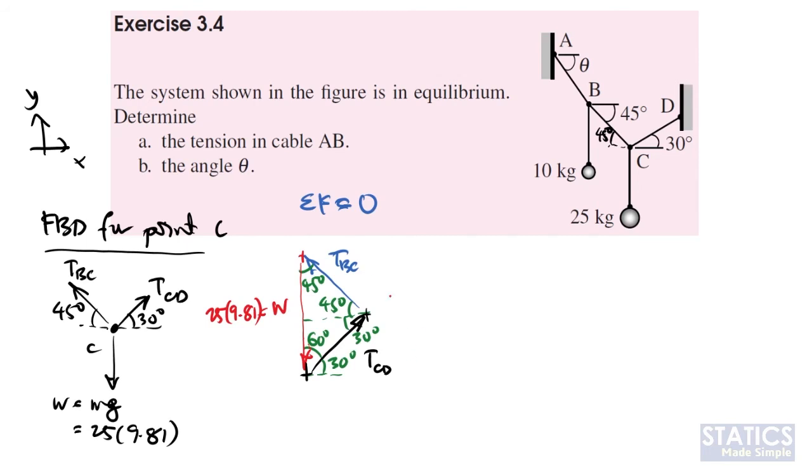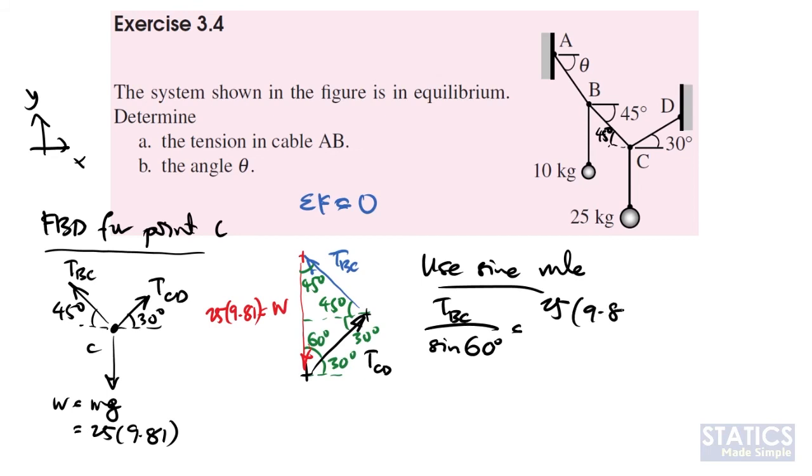So in this case we can use the sine rule to solve for TBC and TCD. Let's start with TBC first. TBC over the sine of the angle opposing TBC, in this case 60 degrees, equals the weight, 25 times 9.81, over the sine of the angle opposing the weight, in this case 30 plus 45, so sine 75 degrees.